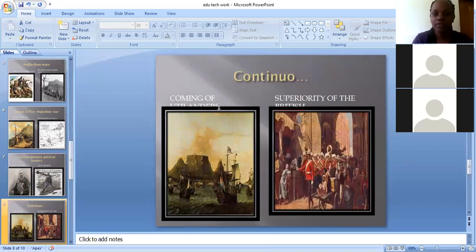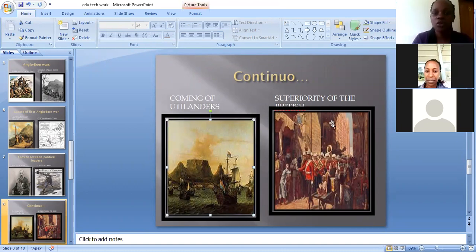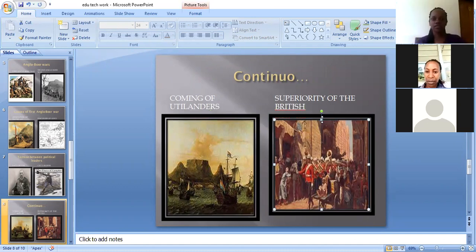And as we continue, there is the point of harming of the Uitlanders in South Africa. In the diagram, we can see Cape Colony, which was a good place for both the British and the Boers to rest and find treasures.